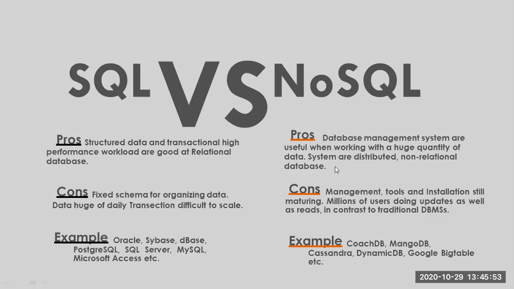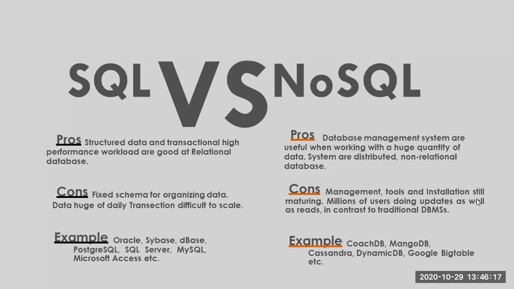Coming back to NoSQL, the main positive point of NoSQL systems is that they are useful when working with a huge quantity of data. That is big data analytics. For that purpose only, NoSQL has been invented, and they are distributed and non-relational databases. These are the positive points of any NoSQL database.